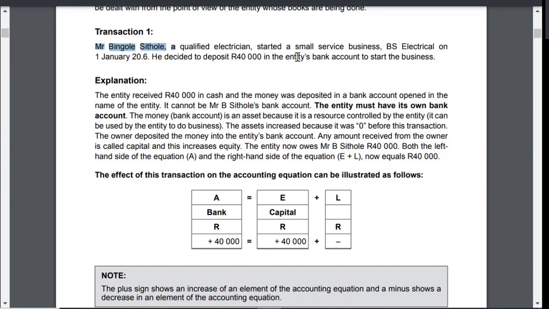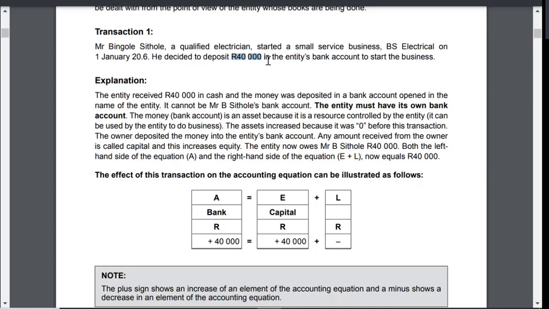So at that point, you want to record a bank reconciliation for the business, but you need to be able to understand where you will allocate the 40,000. So the 40,000 will be allocated to capital and bank. So the two entries affected by this entry are bank and capital.